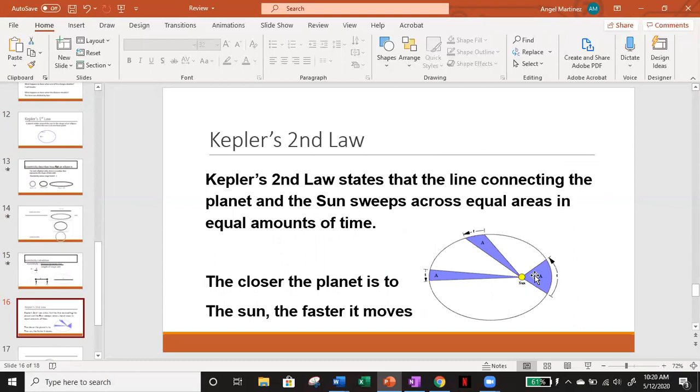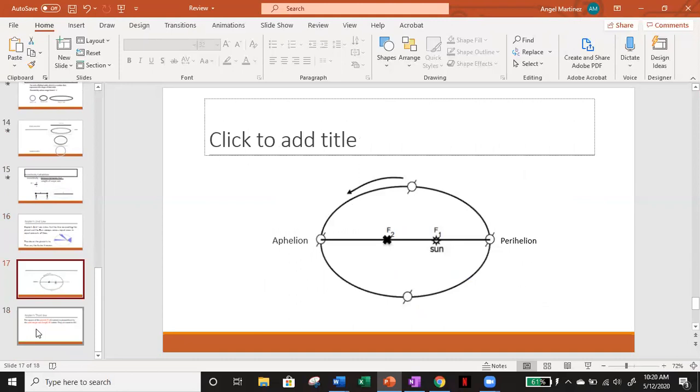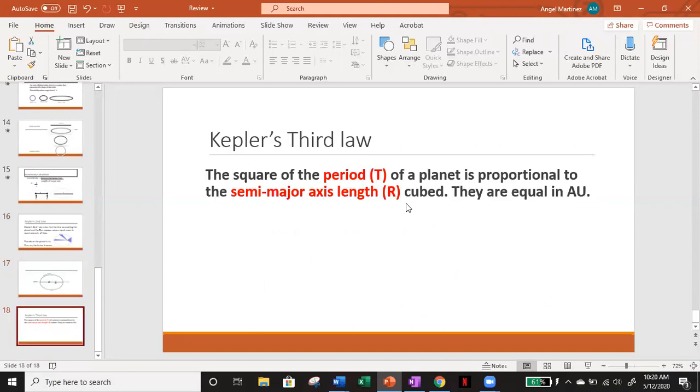These areas are equal, but they move at different speeds because the closer the planet is to the sun, the faster it moves. Finally, third law, it's the equation where T squared equals R cubed. If the period squared is equal to the semi-major axis length cubed, then that follows Kepler's third law.